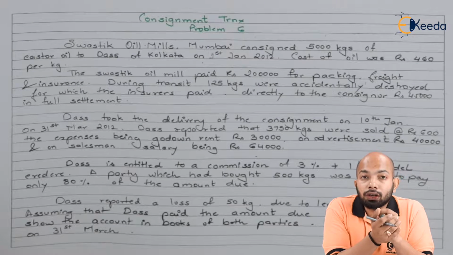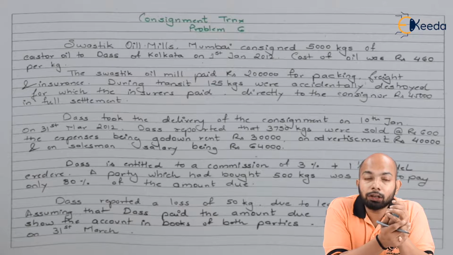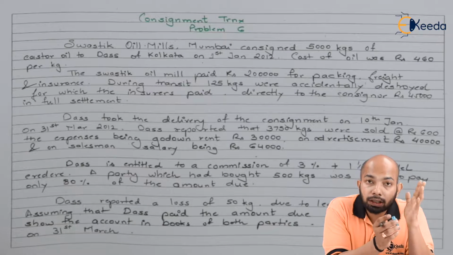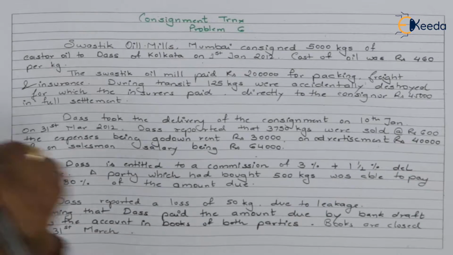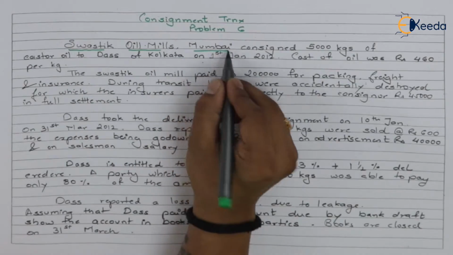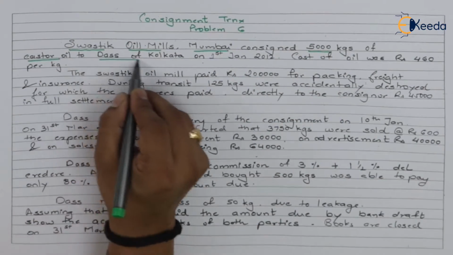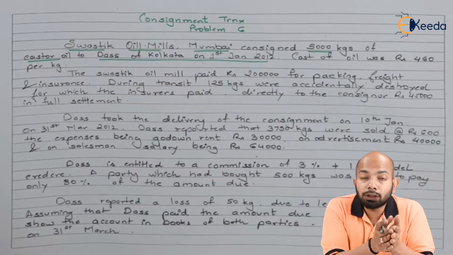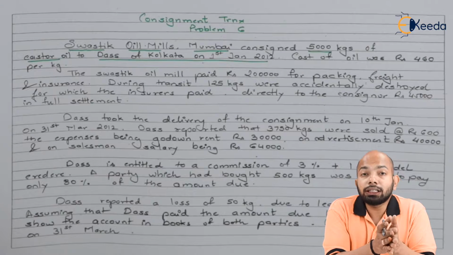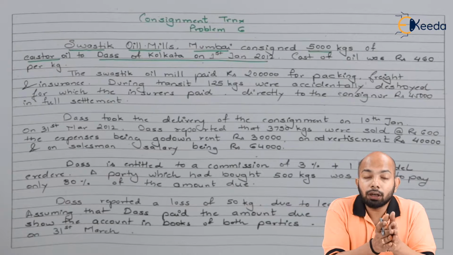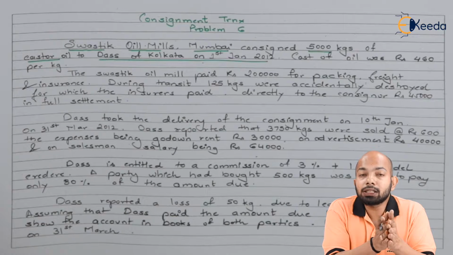The parties to the consignment are Swastik Oil Mills and Das Brothers, with Swastik Oil Mills from Mumbai being the consignor and Das Brothers being the consignee. On 1st of Jan 2012, Swastik Oil Mills consigned 5,000 kilos of castor oil to Das Brothers.